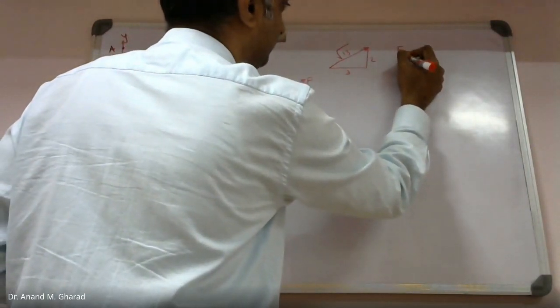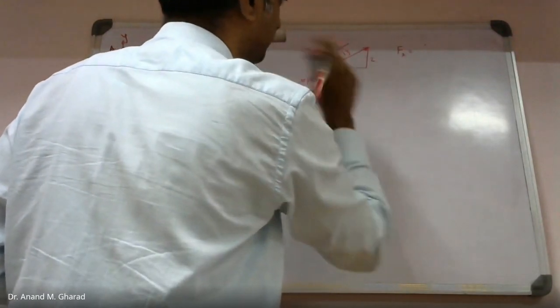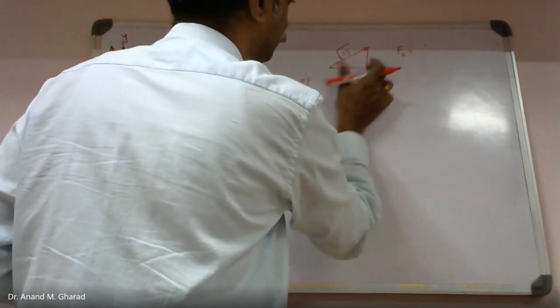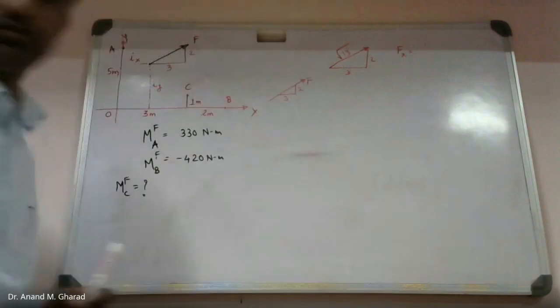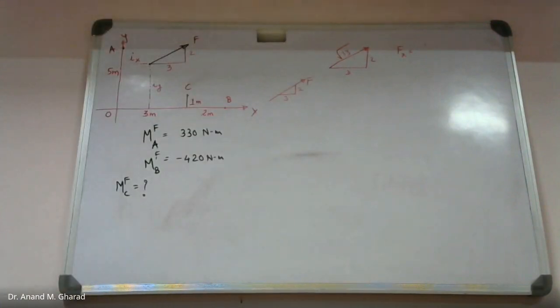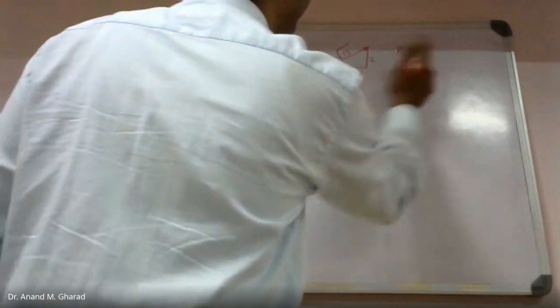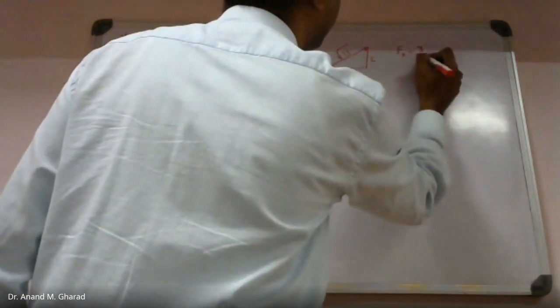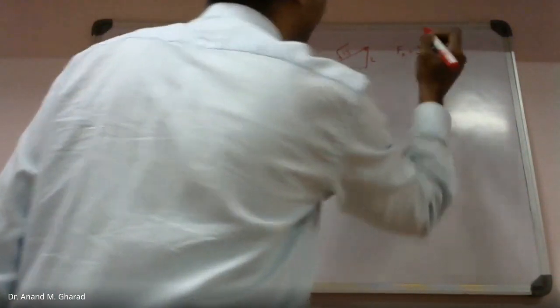That Fx shall be equal to, how much will be the Fx if I want to express this in terms of the hypotenuse? Will it be 3 by under root 13 times F? Am I right?